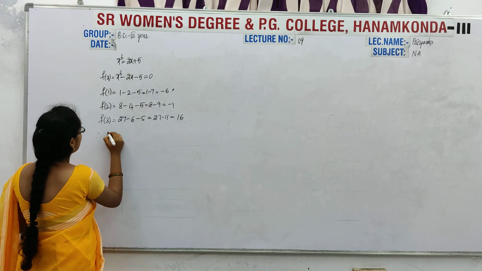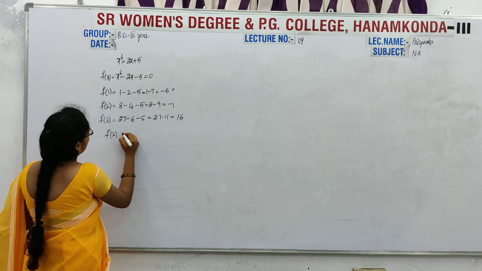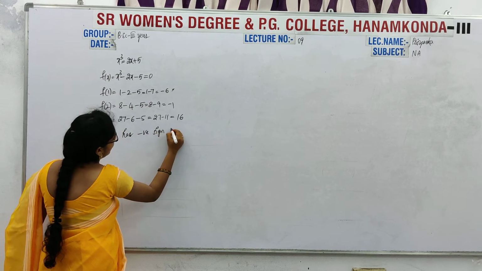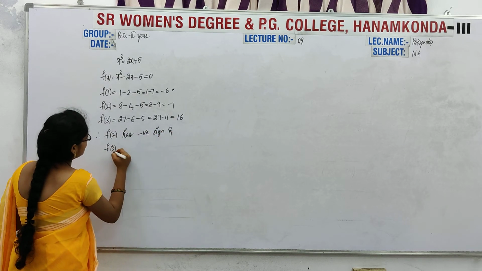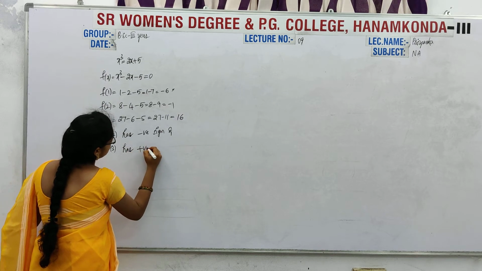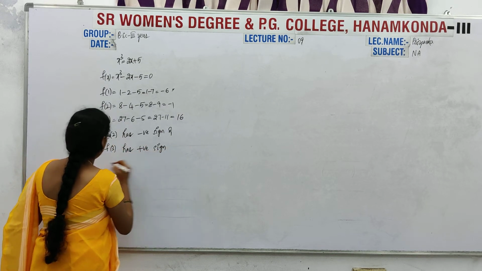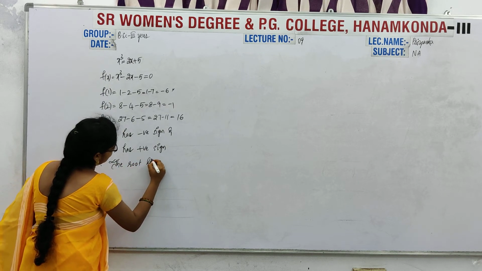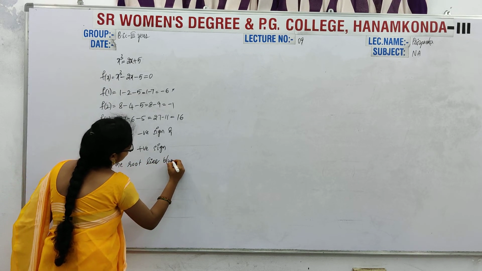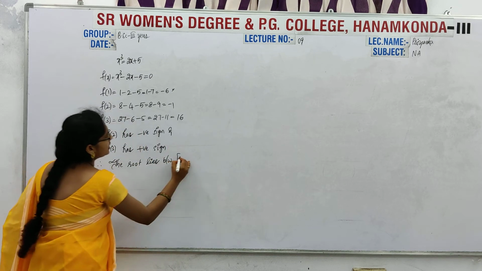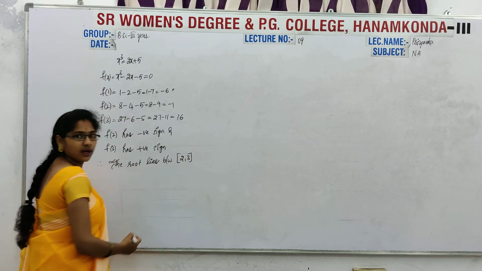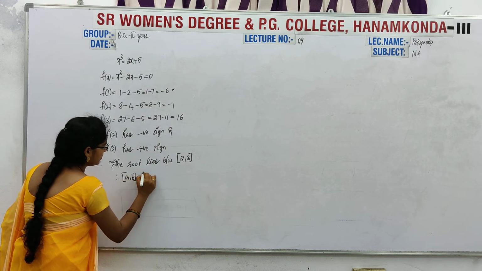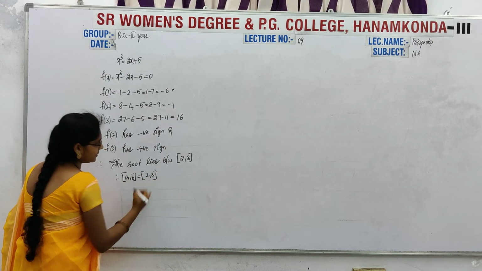Therefore, what can we say? f of 2 has a negative sign and f of 3 has a positive sign. Therefore, the root lies between 2 and 3. Therefore, the closed interval a comma b is equal to 2, 3.